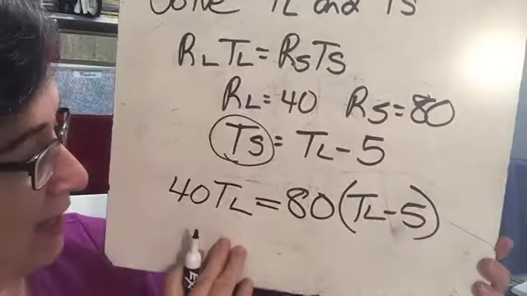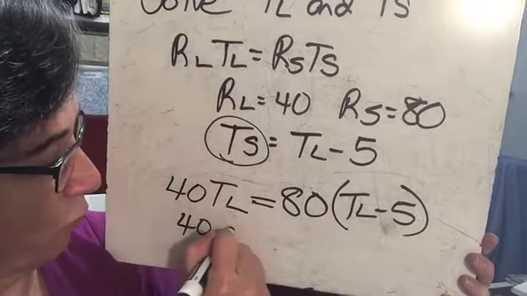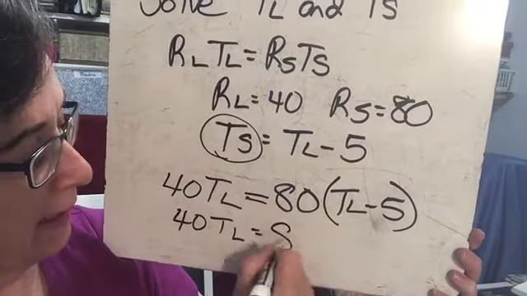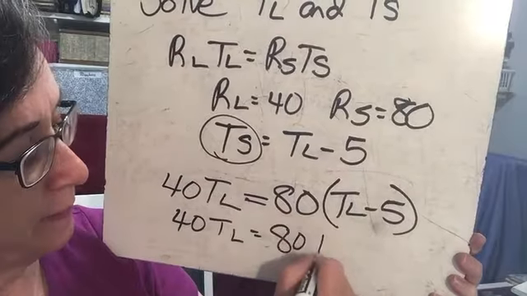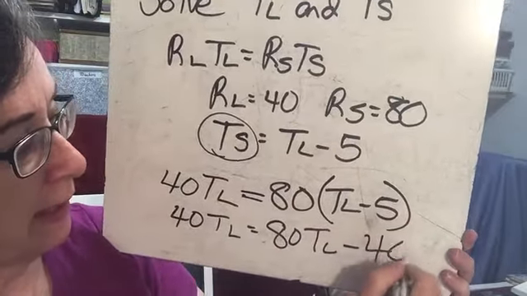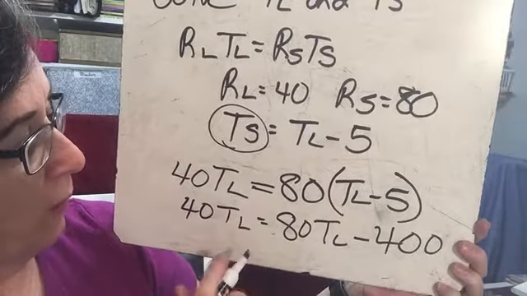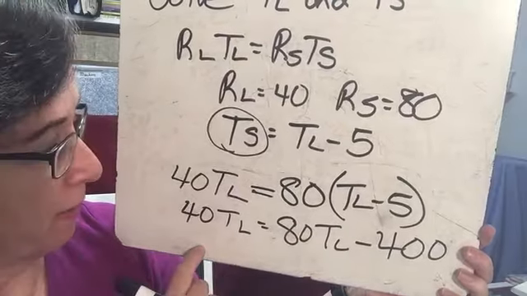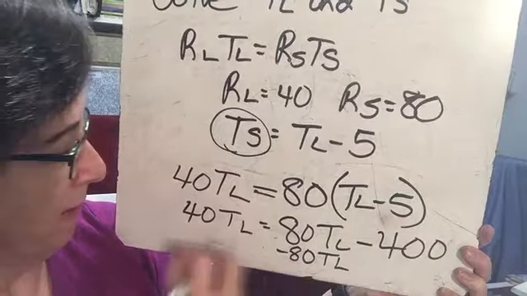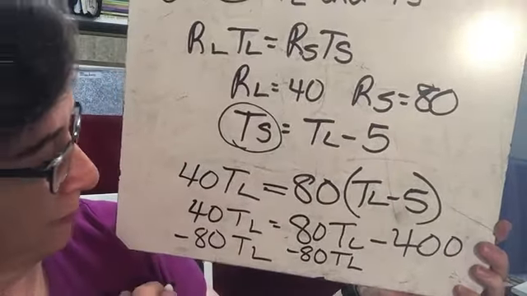All right, so now we have 40 TL equals 80 T sub L minus 80 times 5 is 400. So we want to get all of our variables on one side. So let's subtract 80 T sub L from both sides.